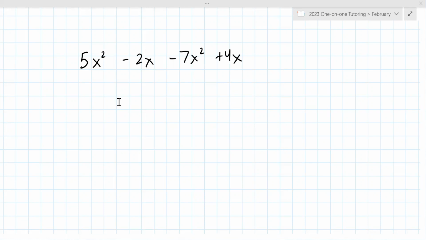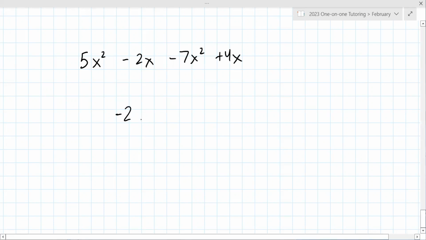I need more than that. I need the variable with the exponent. So -2x squared and plus 2x. Really good.